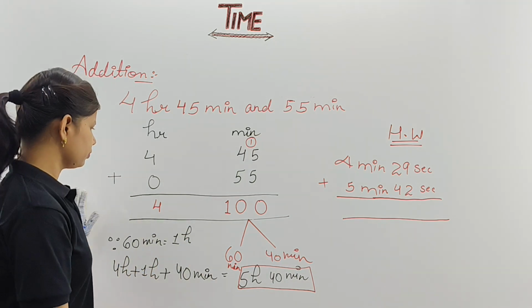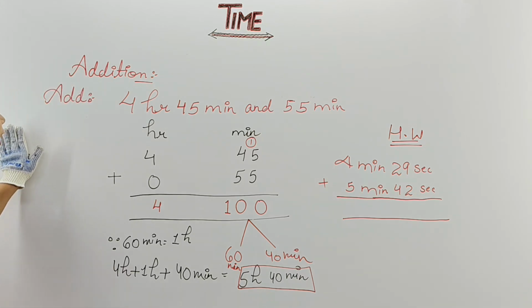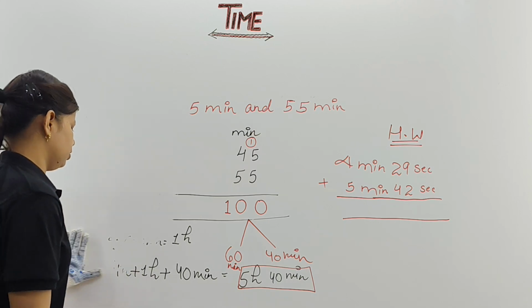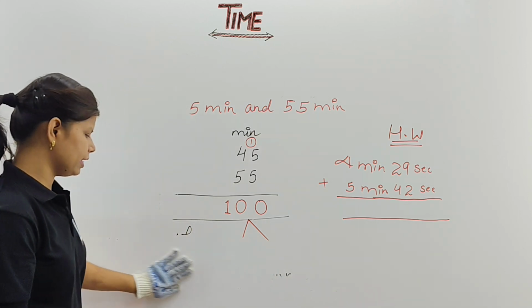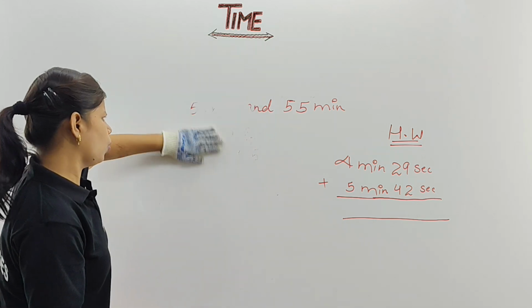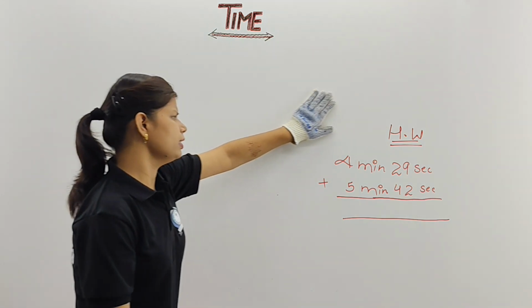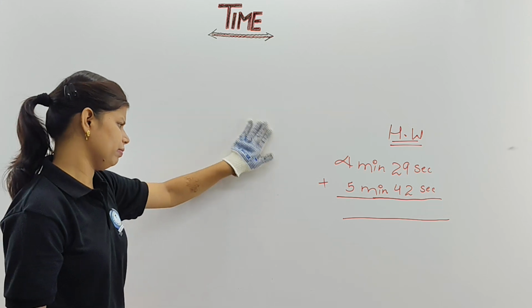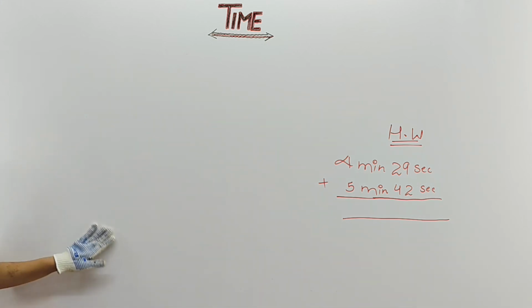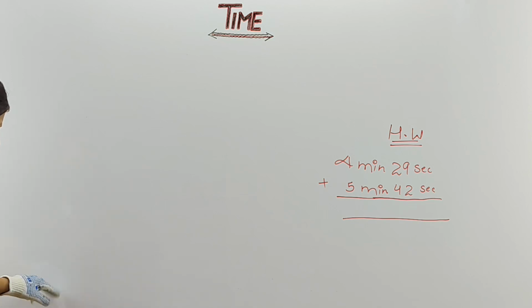Clear? Now I am going to erase this and move to the other part. That will be subtraction. As per your class, we are discussing these two operations, addition and subtraction. As per class 4 and 5, these are given. The other operations are not in your syllabus, so please don't be confused.